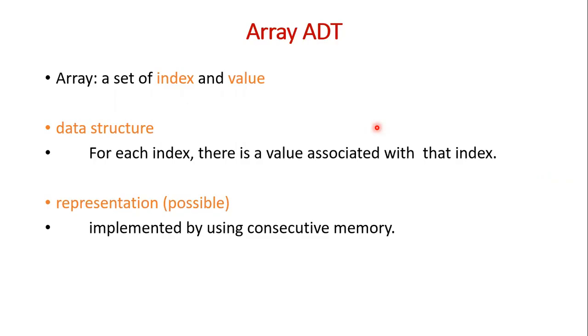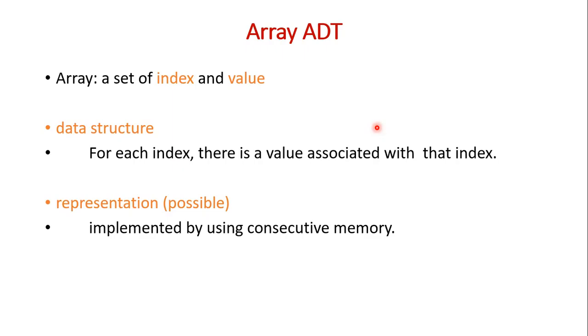So when someone asks us to define what is an array, generally we say that array is a collection of consecutive memory locations. Okay, but that definition is quite misleading, because that definition is in the context of representation. It is actually how array is represented or implemented in the system.